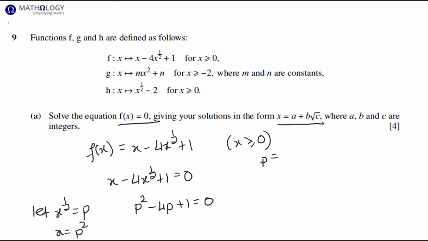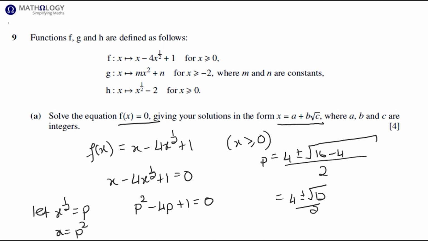So p will equal minus b, so minus minus 4 is 4, plus or minus the square root of b squared, minus 4 squared is 16, minus 4 times a times c, so 4 times 1 times 1, divided by 2a, 2 times 1 is 2, so we get 4 plus or minus the square root of 12 over 2, which is 4 plus or minus, 12 is 4 times 3, so we'll have root 12 being 2 root 3, divided by 2.